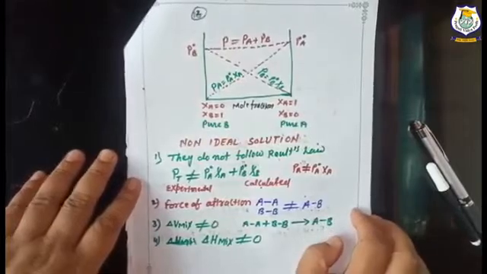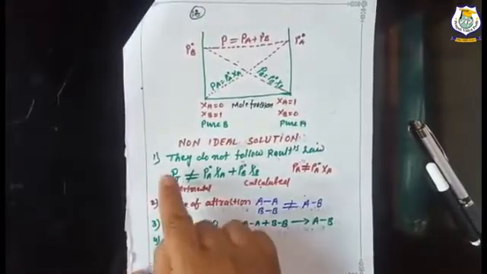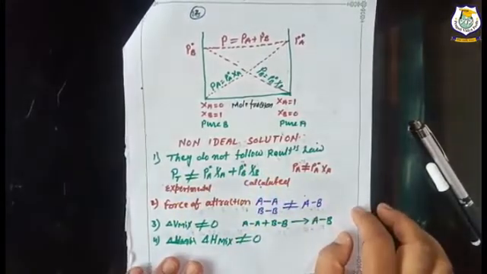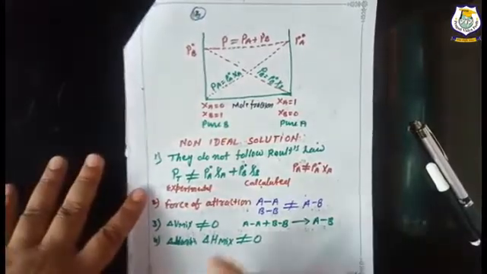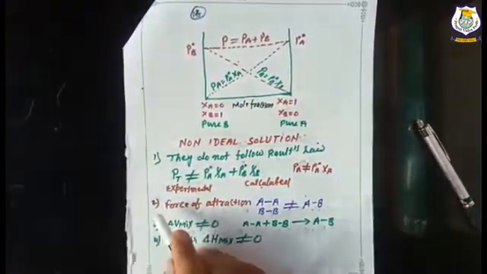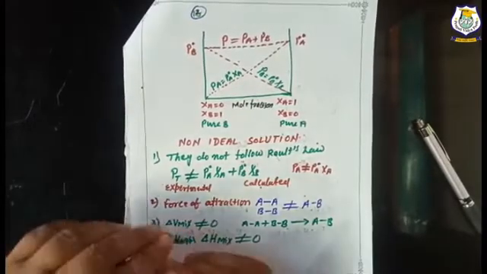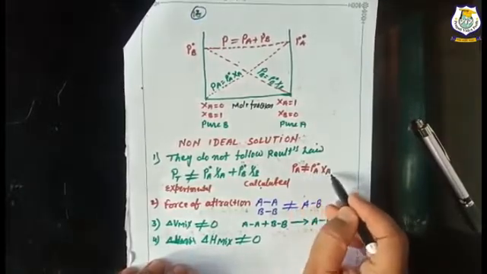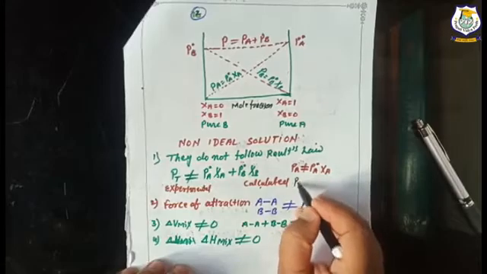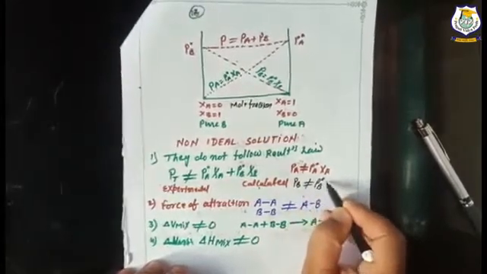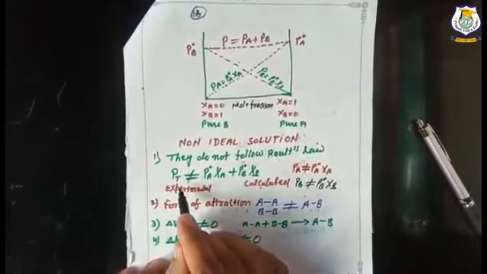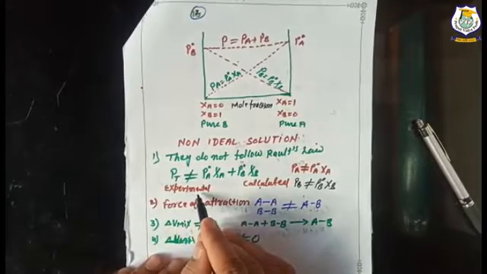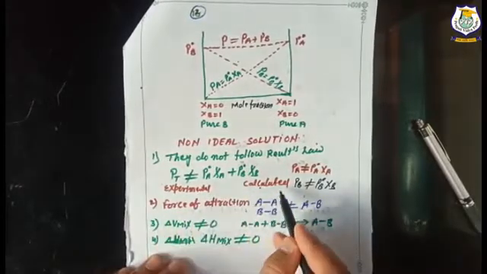Non-ideal solutions are those solutions that do not follow Raoult's law. For these solutions, the total vapor pressure is not equal to the sum of the partial pressures of the components. PA is not equal to P naught A XA, PB is not equal to P naught B XB, and the total pressure of the solution, that means the experimental pressure, is not equal to the pressure calculated with the help of Raoult's law.